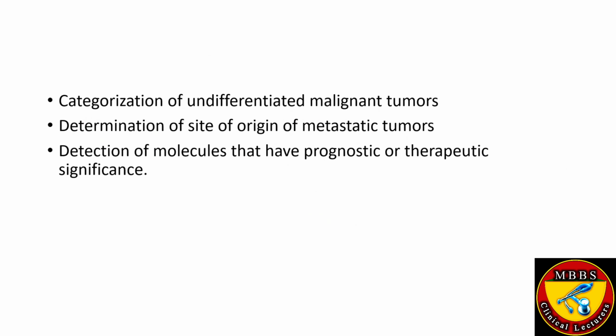This technique is usually used for the categorization of undifferentiated malignant tumors and to determine the site of the origin of the metastatic tumor, or to detect the molecules that have prognostic or therapeutic significance. For example, ER, PR or HER2 expressions are used in the malignant tumors of the breast cancer.